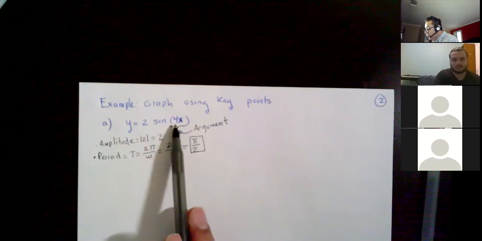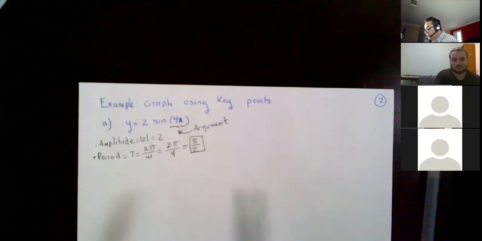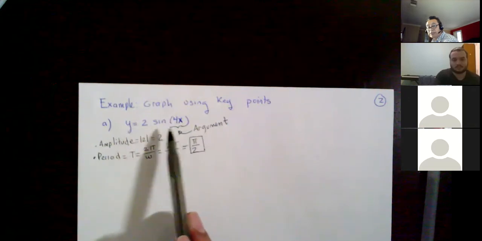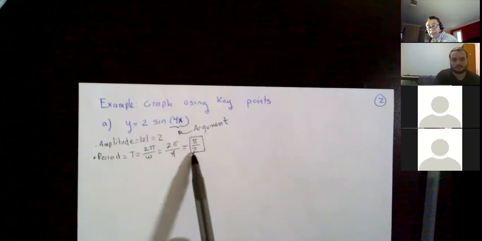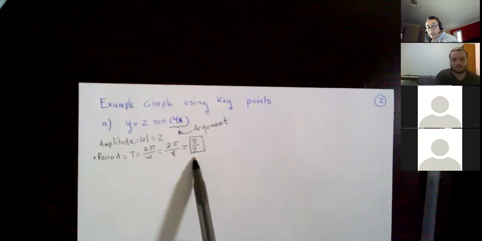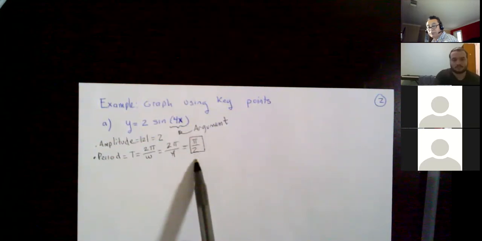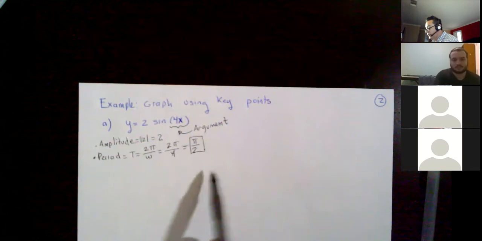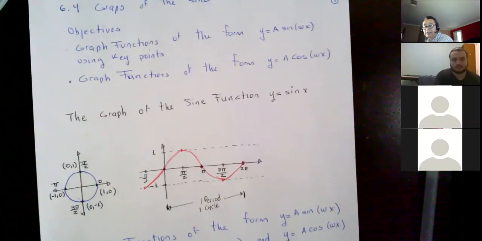So this 4 is compressing the basic sine. Now the period is pi over 2, and one cycle is going to be from 0 to pi over 2.